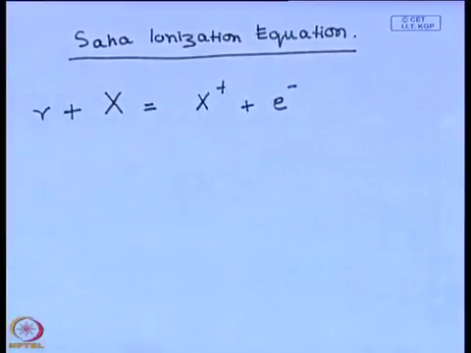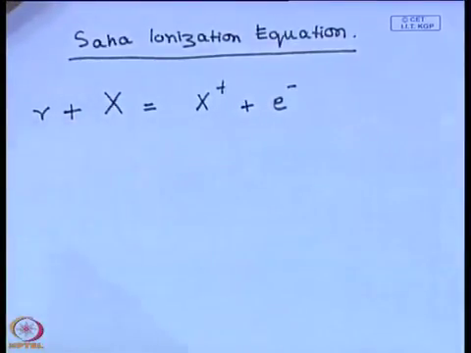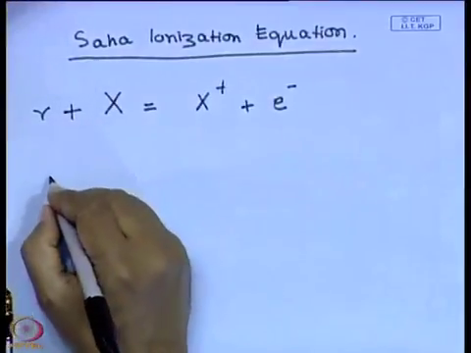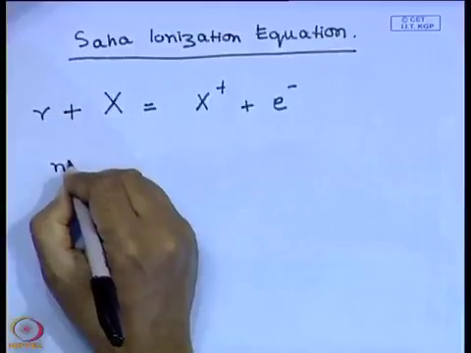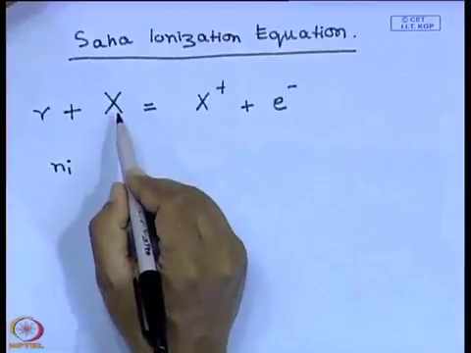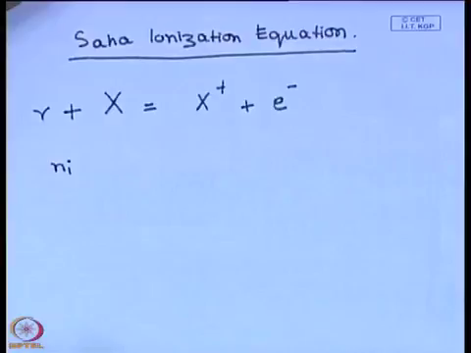Okay. So, we know that at sufficiently high temperatures, in thermal equilibrium, the number density of any species N_i, where i here could refer to the atom X or the ion X plus or the electron, not the photon.